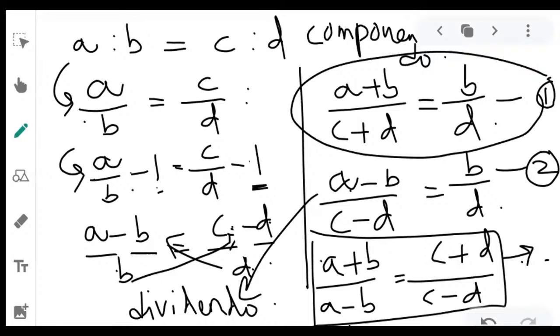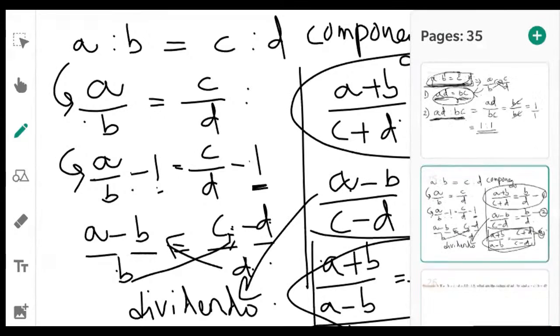If you do both componendo and dividendo, you will arrive at equation number 3. These are a few of the not-so-common formulas that you have in your textbook. We'll see the applications of these problems in your exercises, so you should be able to solve them if you come across them. All right, now we'll move on to the next question.